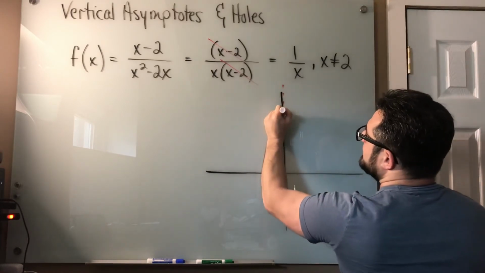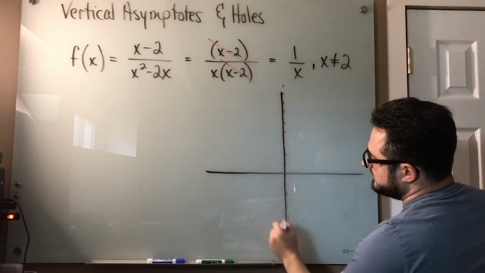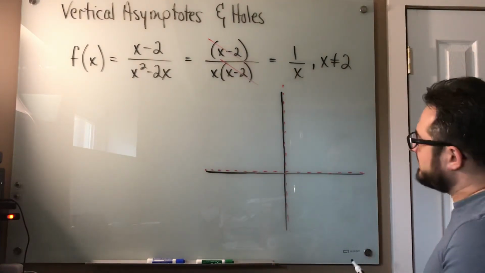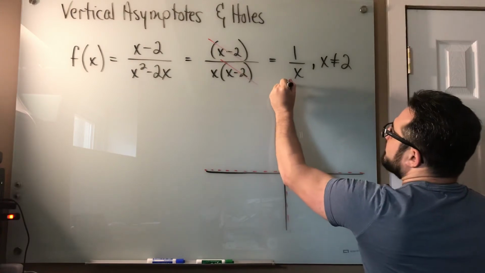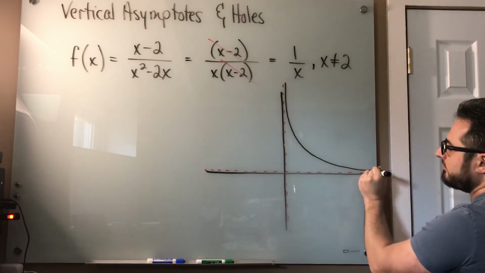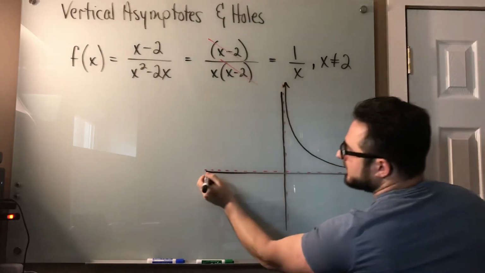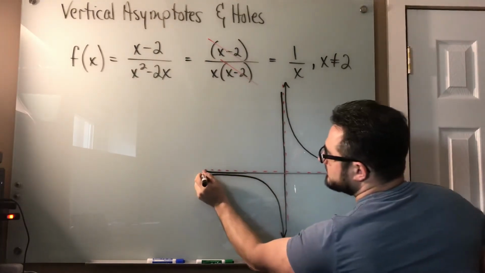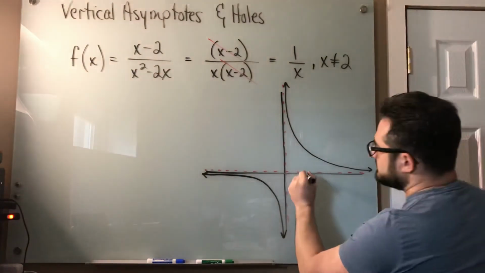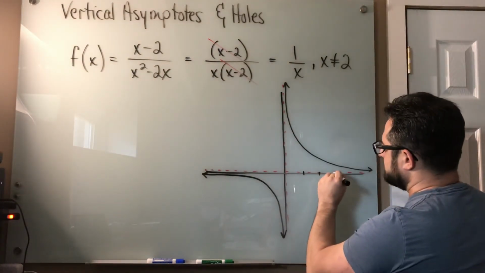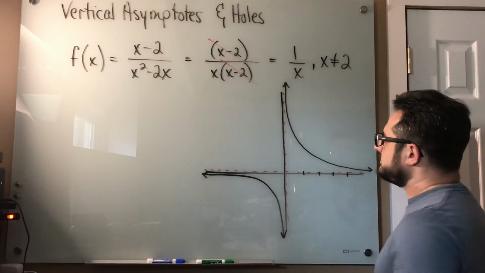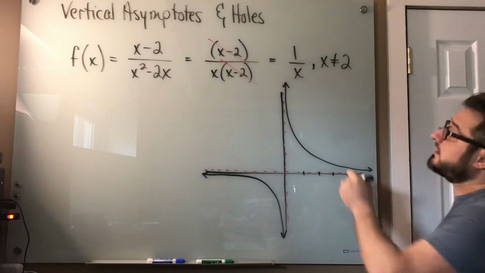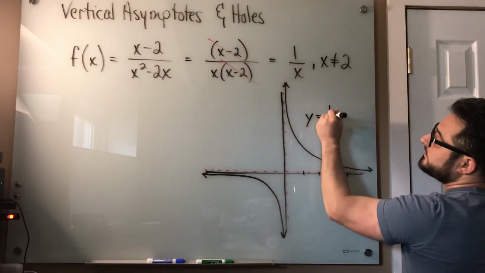So from having seen that earlier in the semester, and from rehashing it at the beginning of this lesson, we know that this function goes like this. Now, this is y equals 1 over x.